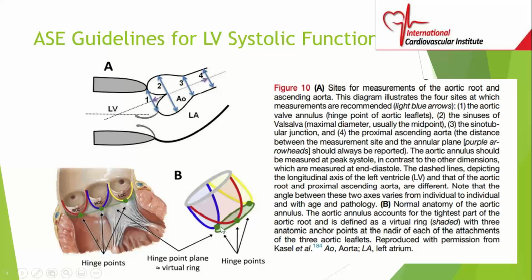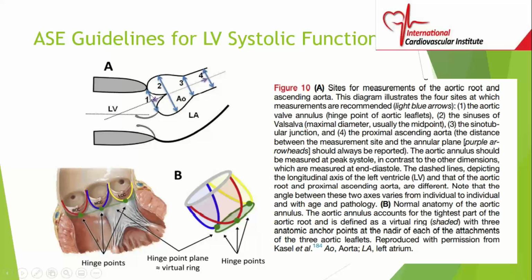So this is the annulus, and when we measure, one is supposed to be measuring the diameter of this area. So the aortic valve annulus is the hinge point of the aortic leaflets. We're talking about the areas you're going to measure now.